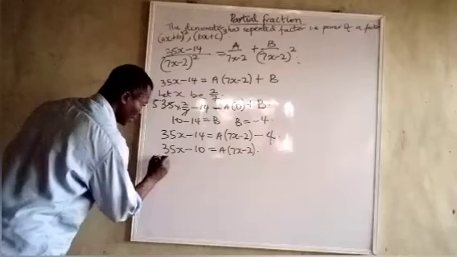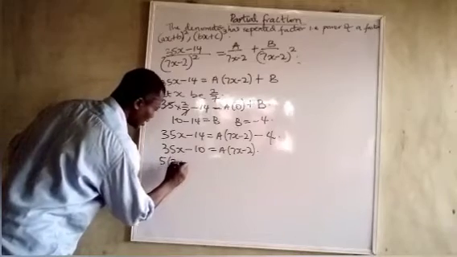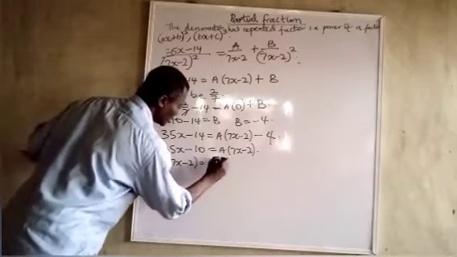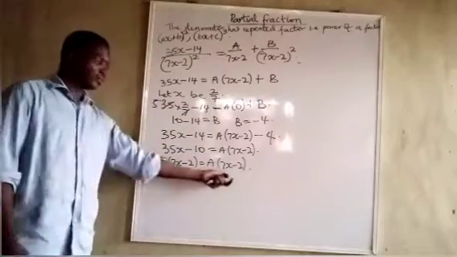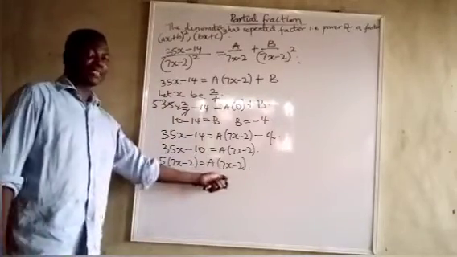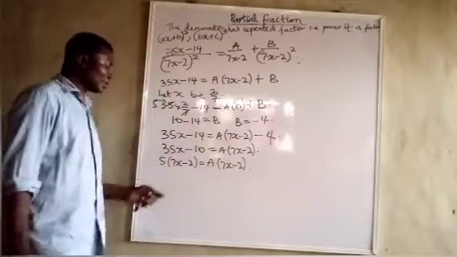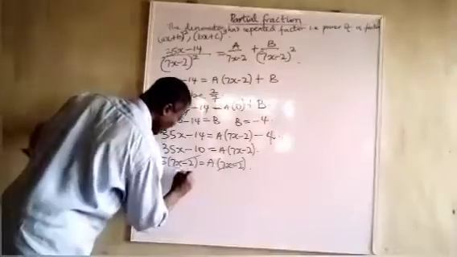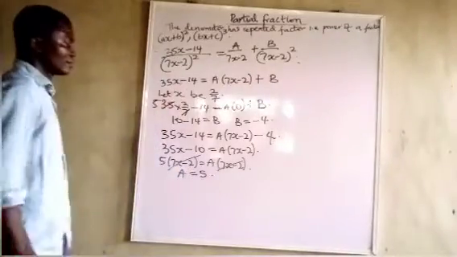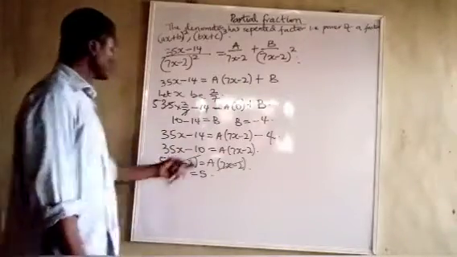Look at this. So I can say 5 into 7x minus 2 is equal to a into 7x minus 2. If you work it this way, you will always come to dividing both sides by the factor here. You always experience this. Now this one cancels this. So a is equal to 5. You can see b equals minus 4, a equals 5.